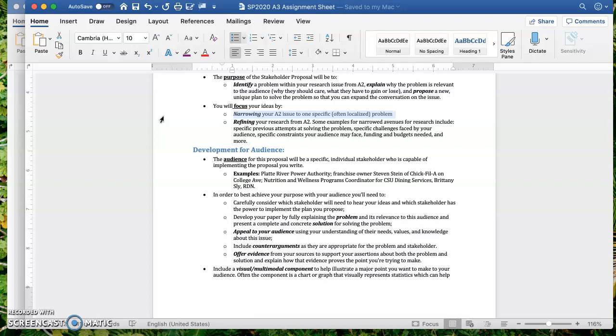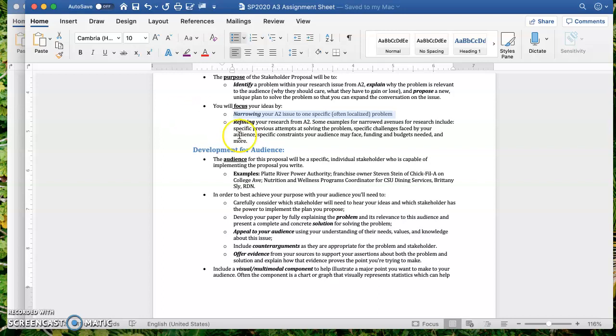I'm going to convince this district, or maybe this school, like maybe I'm going to convince CSU to switch to nuclear power. Maybe that's not a great example, but the more specific you can get, the easier it will be for you to create a plan for how you're going to solve this problem.